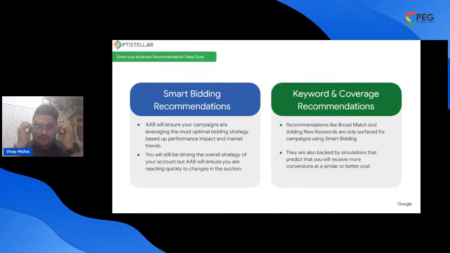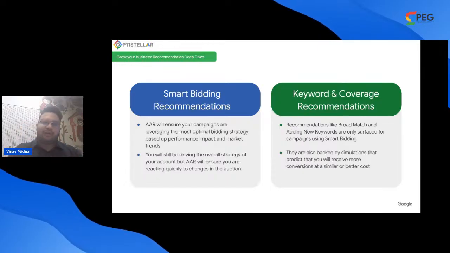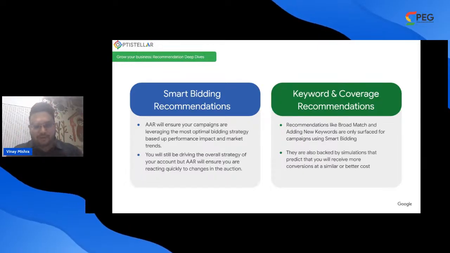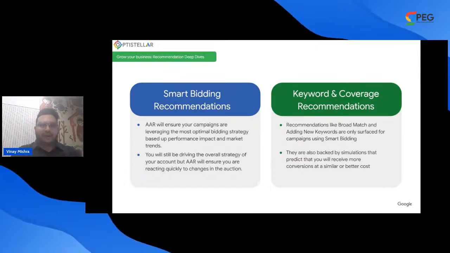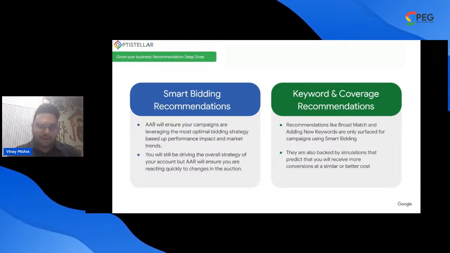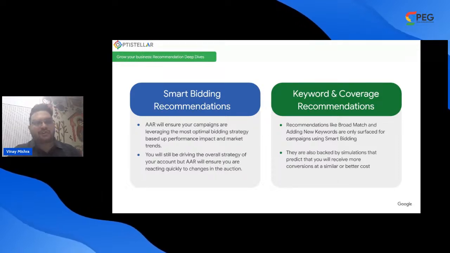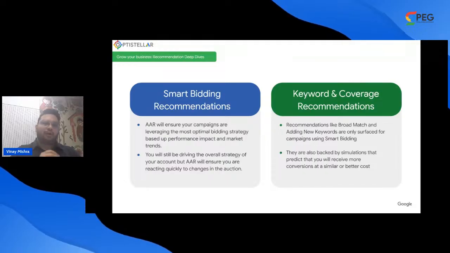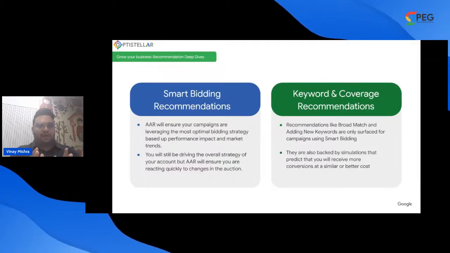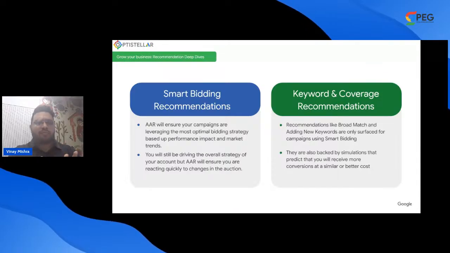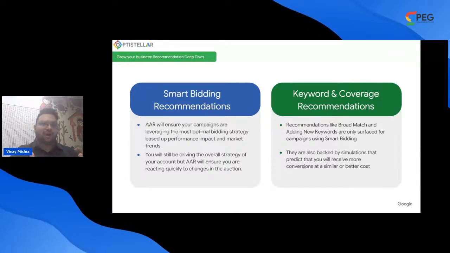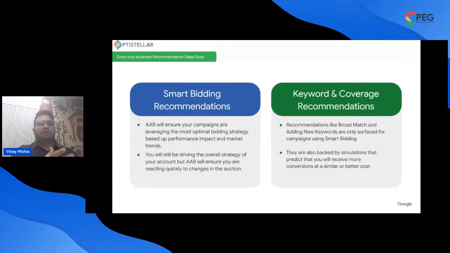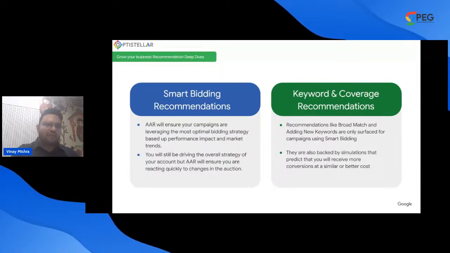Great. So, as I've mentioned earlier, there are crucial aspects to the smart bidding recommendations and the keyword and coverage recommendations. First, let's talk about the smart bidding recommendations, where auto apply recommendations ensure the campaign uses the most optimal bidding strategy based on the performance and impact you have in the market.